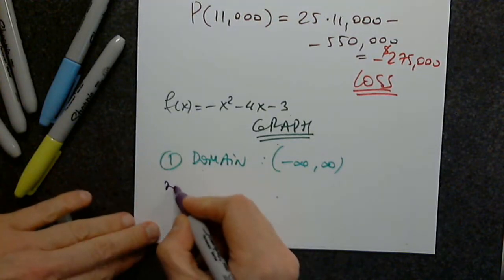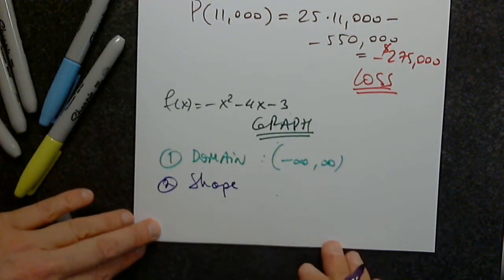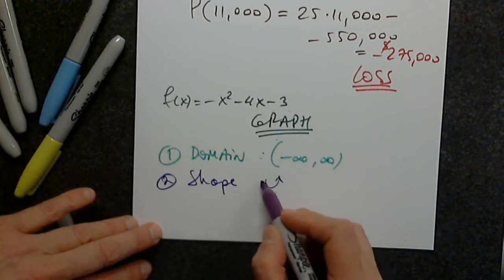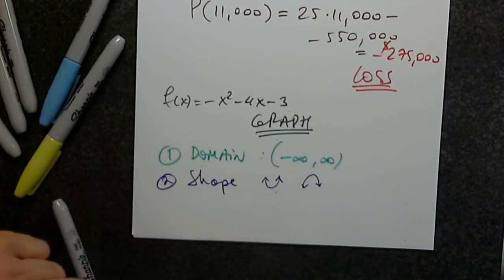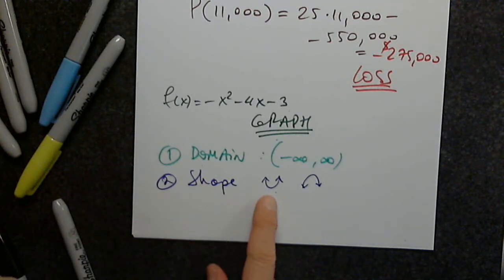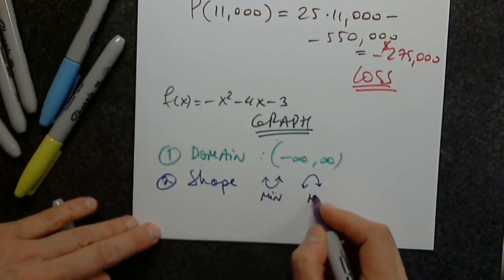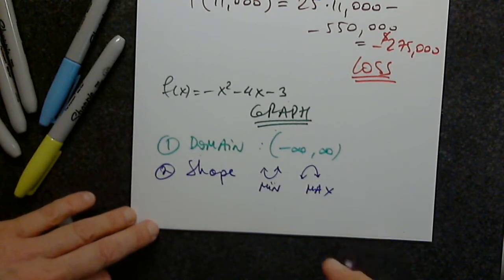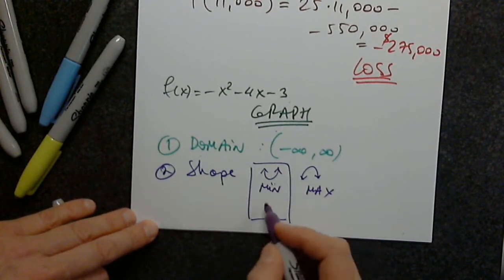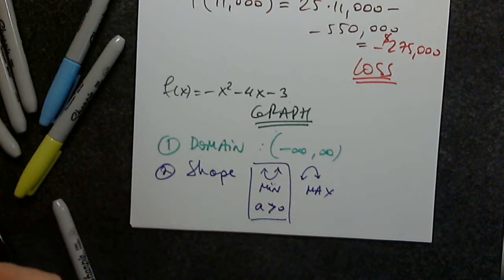Step number 2, the shape. We know that the quadratic function can open upward or can open downward. This one will have a minimum, and this one will have a maximum. The minimum is always when the leading coefficient is positive. How do I know? Well, from transformations, right? When we graphed positive x squared, did it have a minimum or a maximum? Minimum, right?